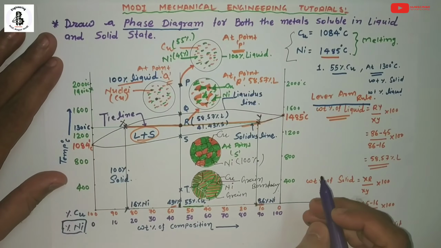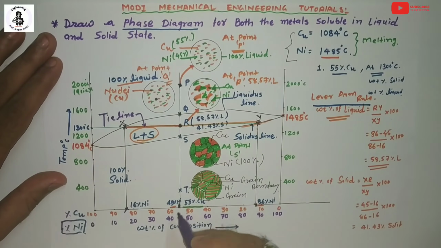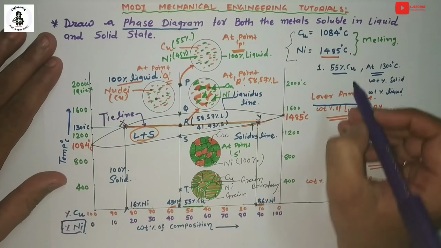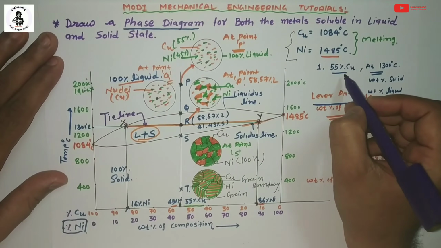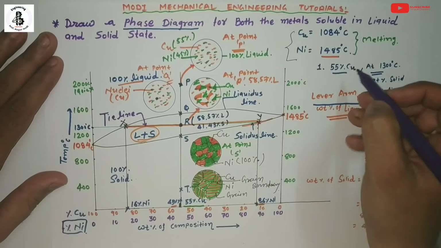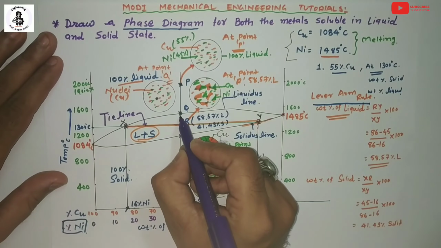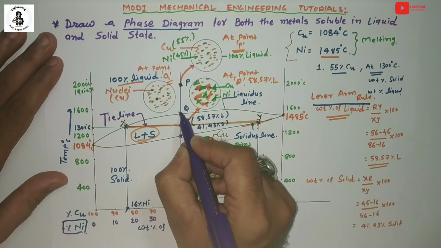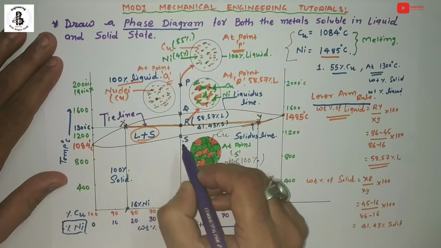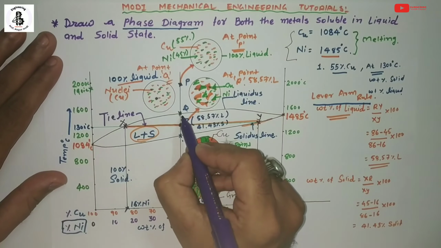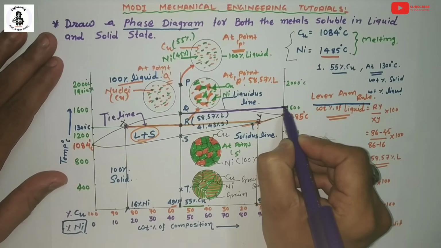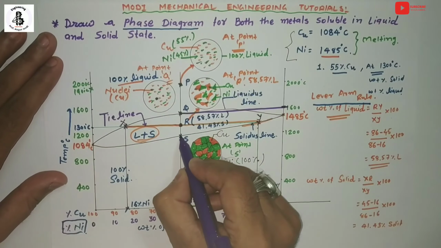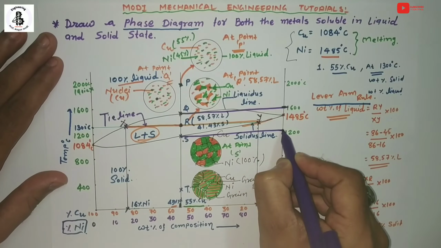Now if you want to draw a cooling curve at these conditions, the condition is the same: 55% copper and 45% nickel. So that will be the composition line, points Q and S. Just take projections onto the y-axis, this point and this point.